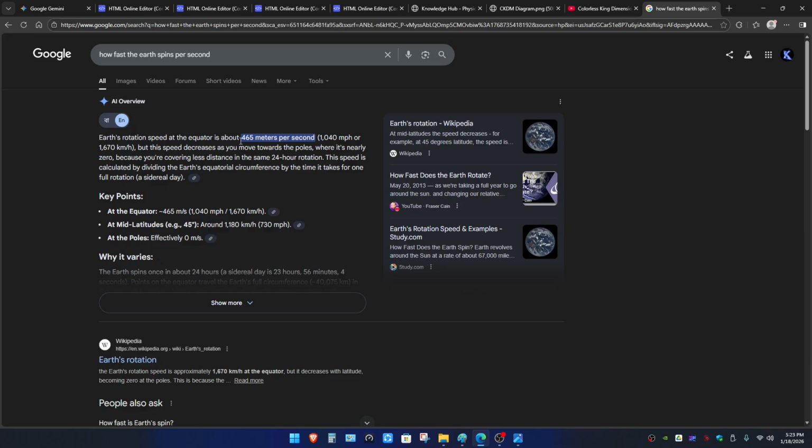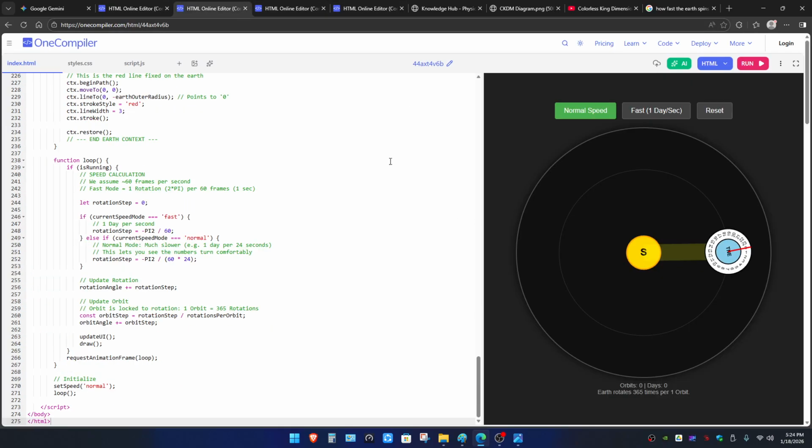So what does this mean? It means that if the earth can spin about 465 meters per second, then the amount of rotation we can make is going to be able to give us how much rotation happens at how many seconds, or at how many distance, and many other stuff. Okay, so this is where I actually made this thing.